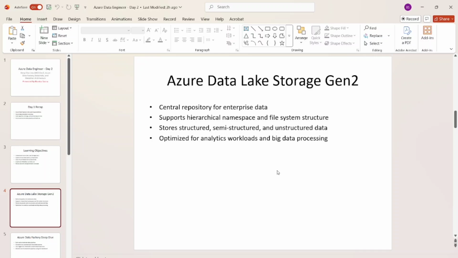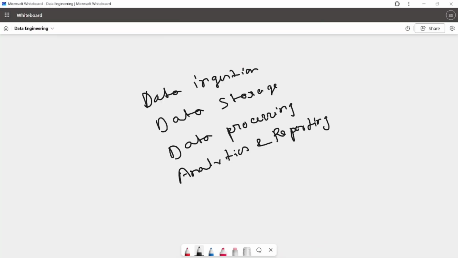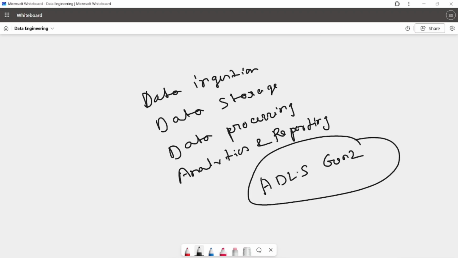Azure Data Lake Storage Gen2, commonly known as ADLS Gen2, is a Microsoft enterprise-grade data lake solution. It combines the scalability of Azure Blob Storage with a hierarchical file system.